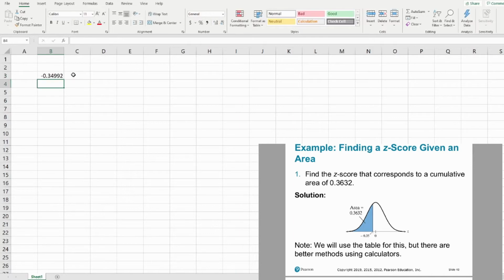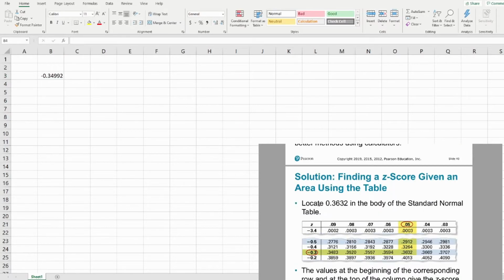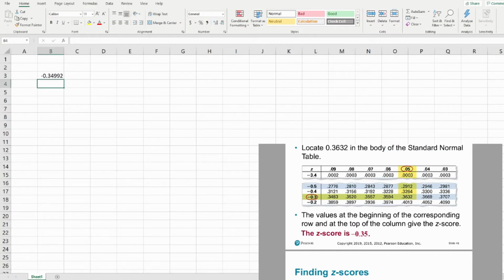But once you put that in, up to rounding, you will get the desired value. Alternatively, if we want to work with a non-standard normal, which we'll see later, we could instead use the norm.inv function. Oh, gotta put in a period, not a comma.